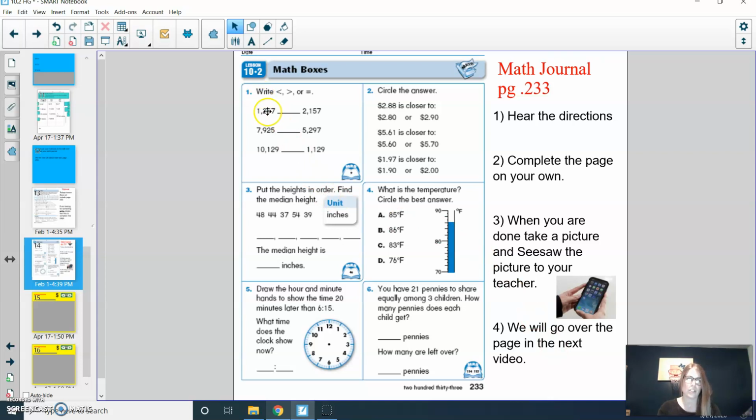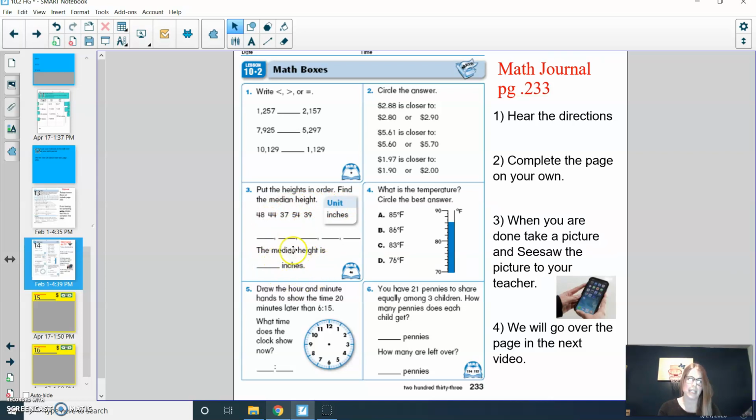So looking at question number 1, use less than, greater than, or equal to for the different amounts. Circle the answer. So for the first one, $2.88 is closer to, is it closer to $2.80 or $2.90? For number 3, put the heights in order and find the median height.